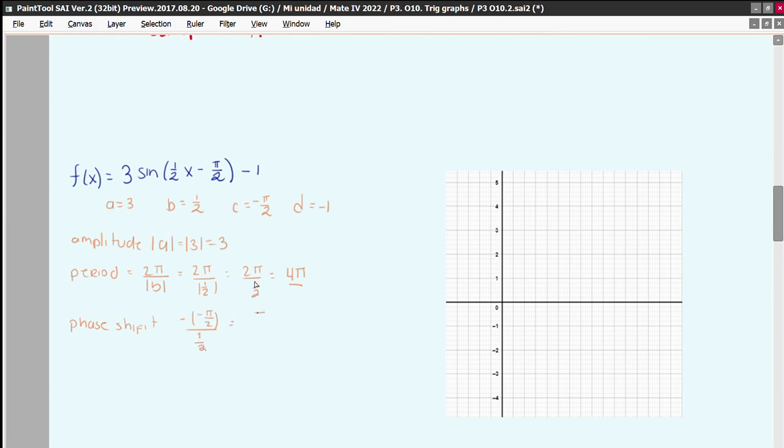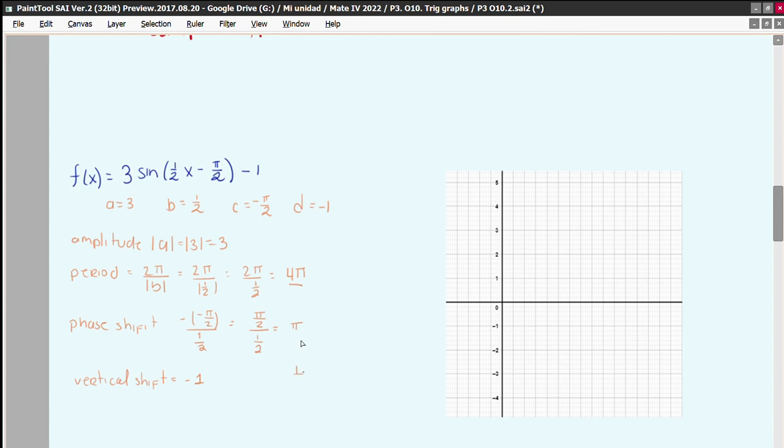So this is pi halves over 1/2, and this is just pi. And lastly, the vertical displacement or vertical shift. The vertical shift is just the D parameter, and it is -1.